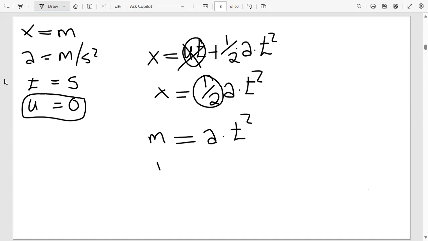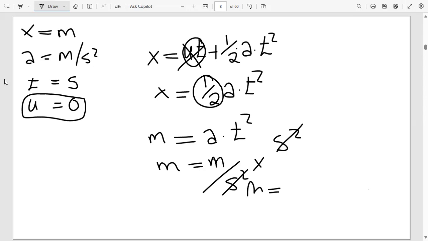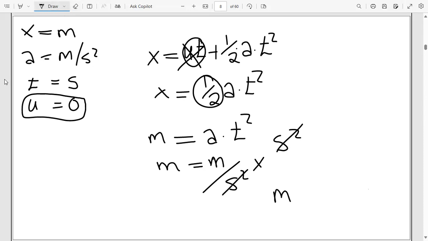So meters on the left should equal acceleration, meters per second squared, multiplied by time squared, which is seconds squared. The seconds squared cancel out, so we remain with meters on the left being equal to meters on the right.